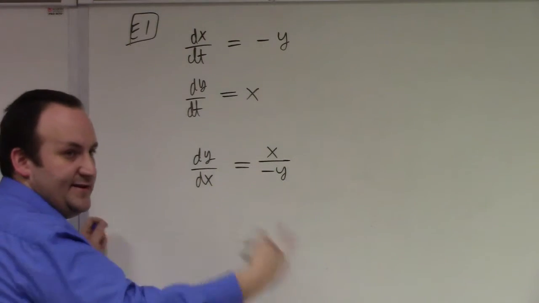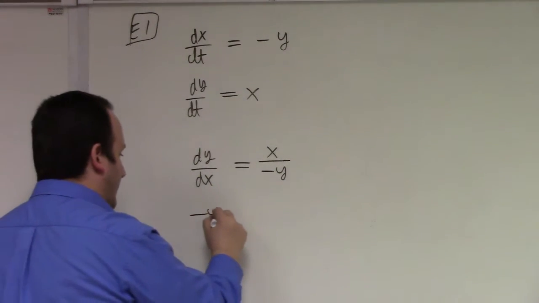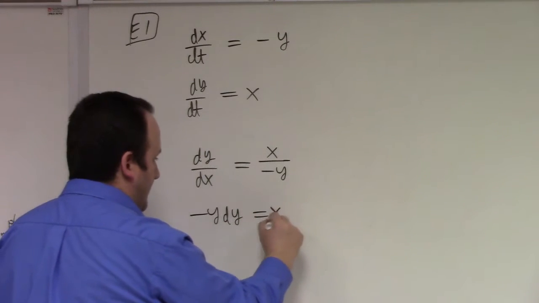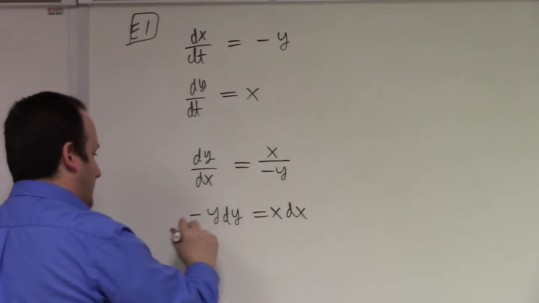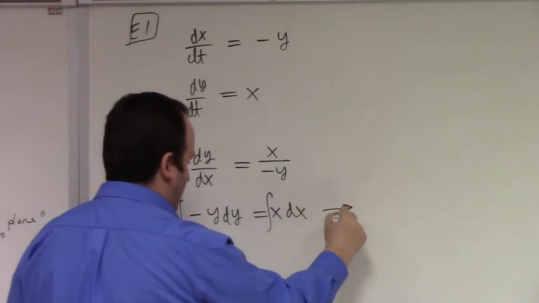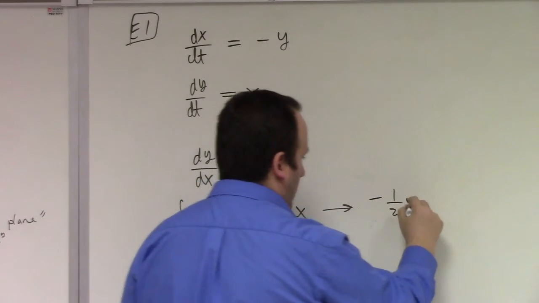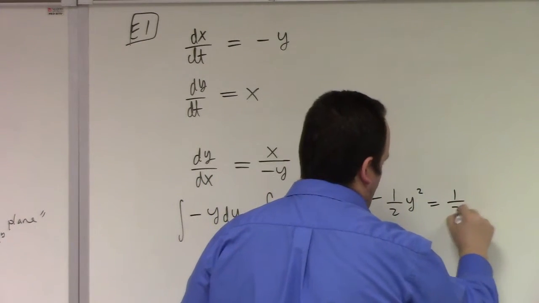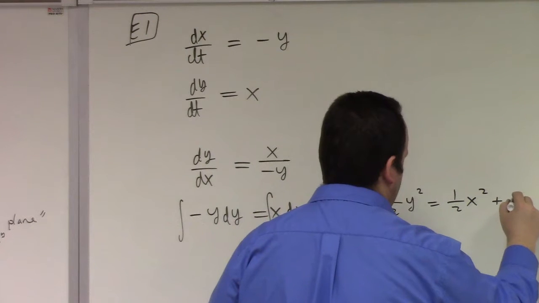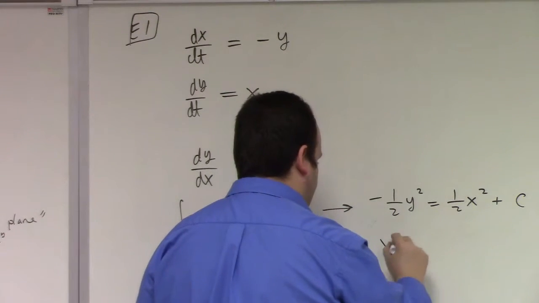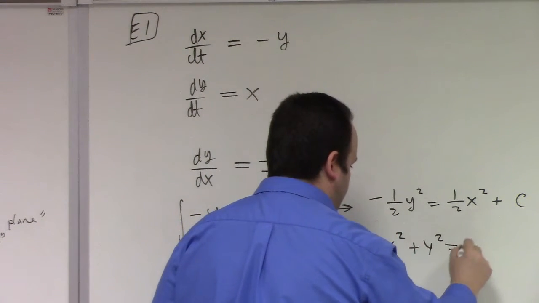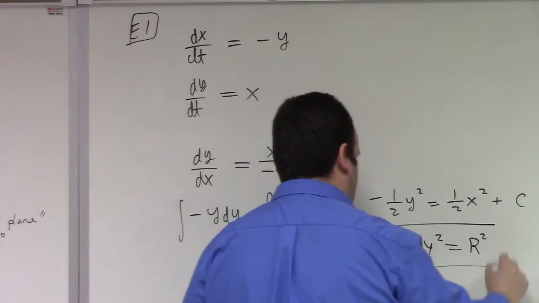So we can separate and integrate, right? So this, of course, gives us x squared plus y squared equals r squared.